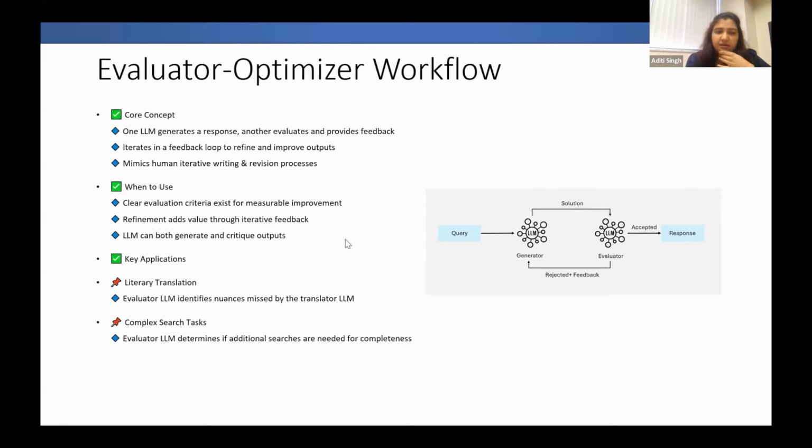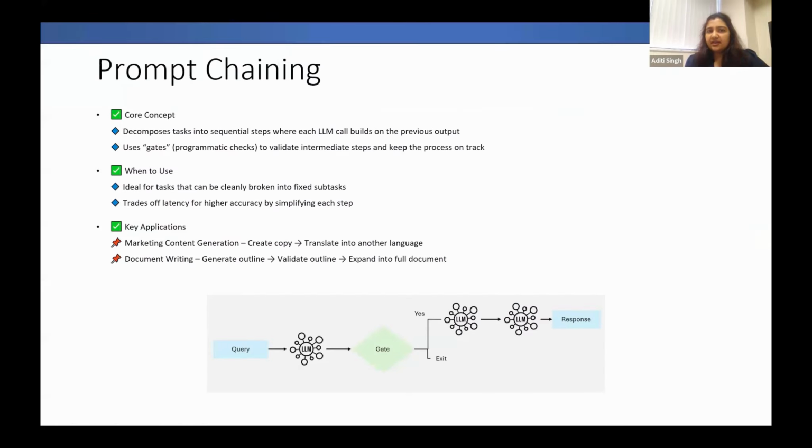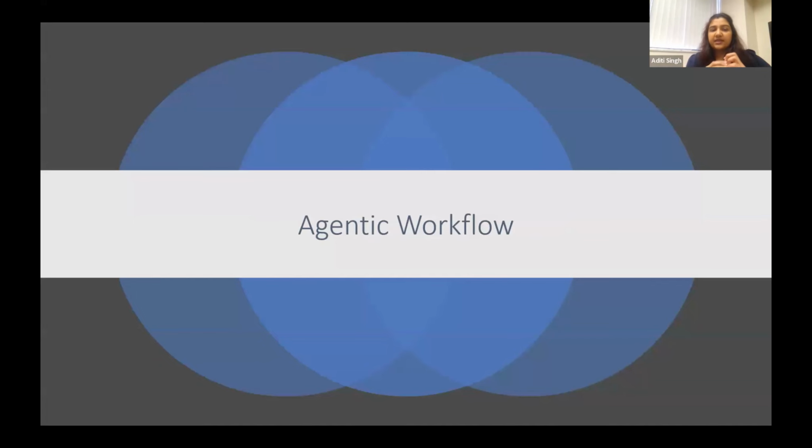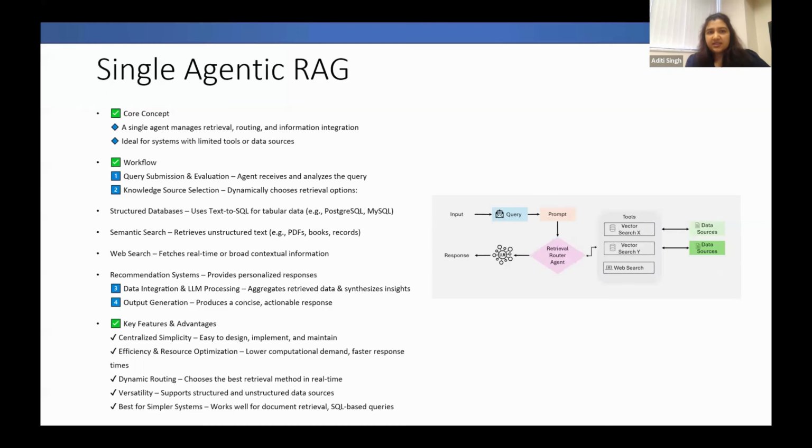Or it could also be used for evaluating whether the searches are complete, as the question or the query was asked. So those were our initial ways of designing the pipeline and where our agentic RAG component would be used. This is where we would start with agentic RAG.